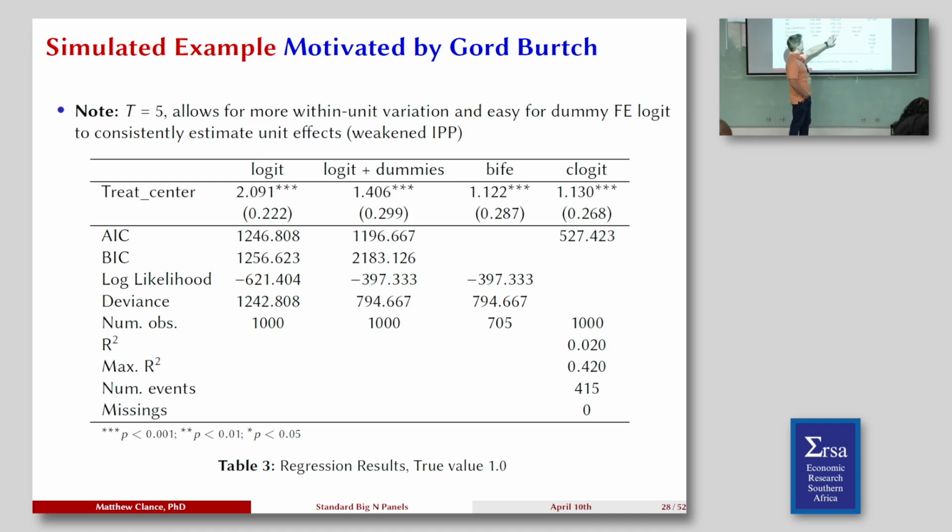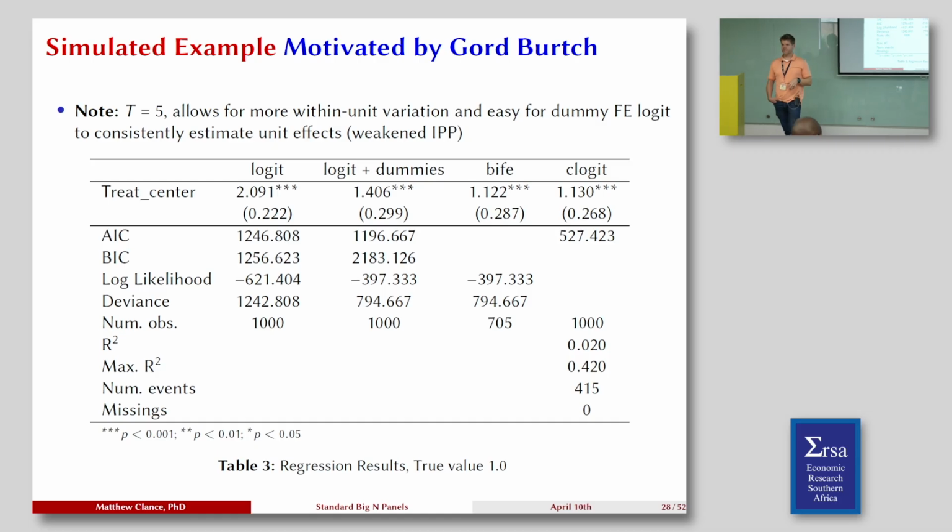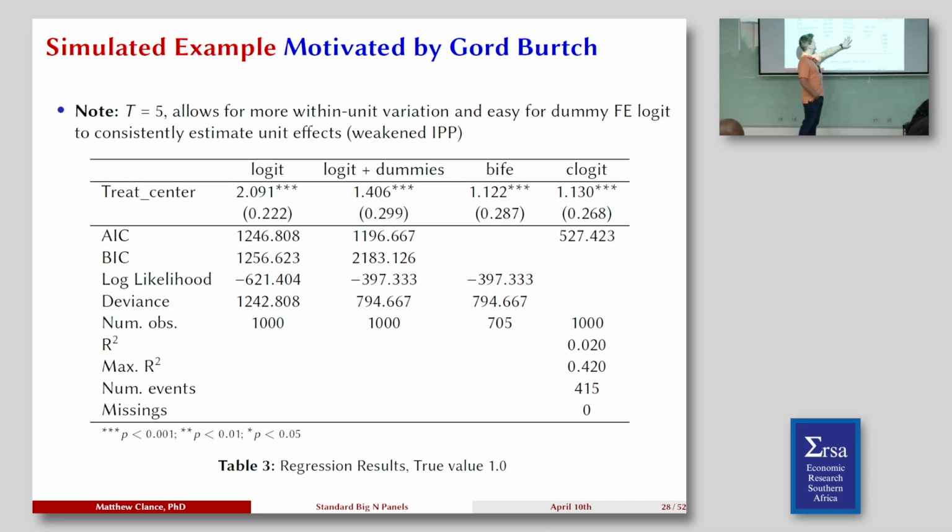In a Logit model with dummy variables, assuming they do a good job and don't cause an incidental parameters problem, you can see that it does at least come down a little and closer to 1. But in some ways, we know there are some issues here.